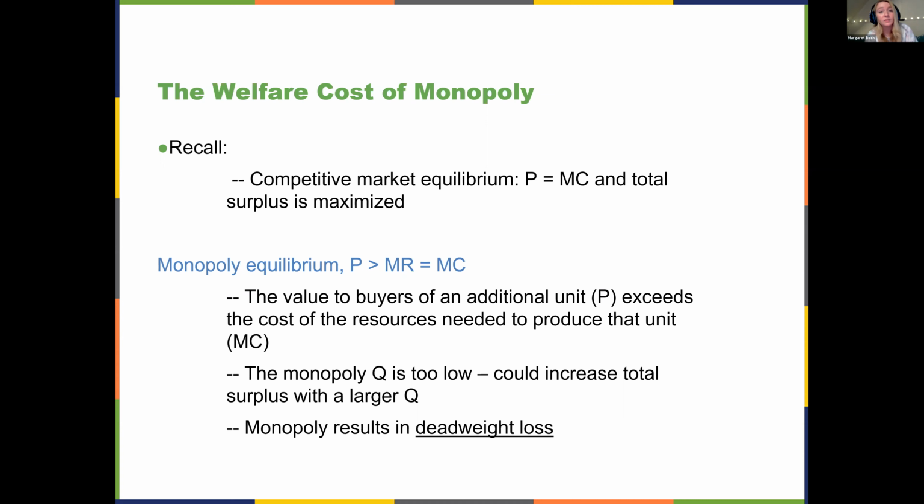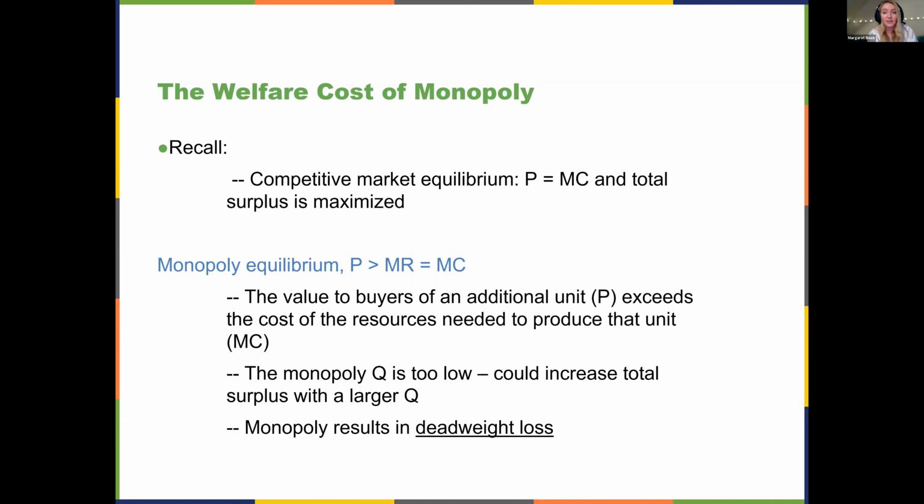So the most number of buyers and the most number of sellers are as good as they can be when the market for a good or a service is producing the market equilibrium quantity and charging the market equilibrium price.